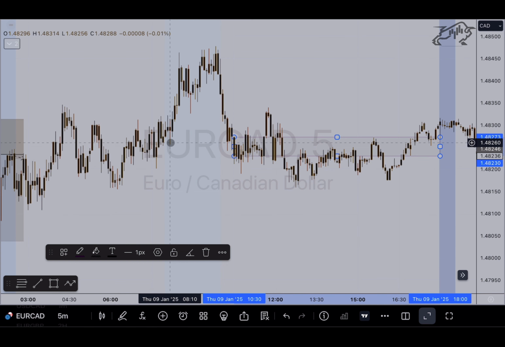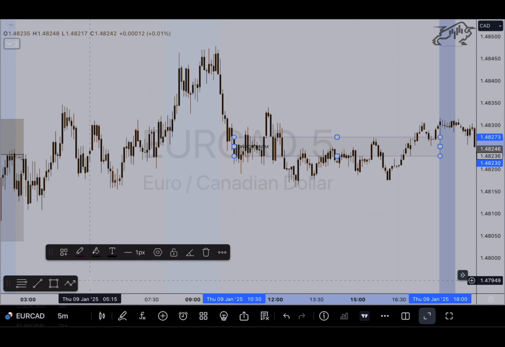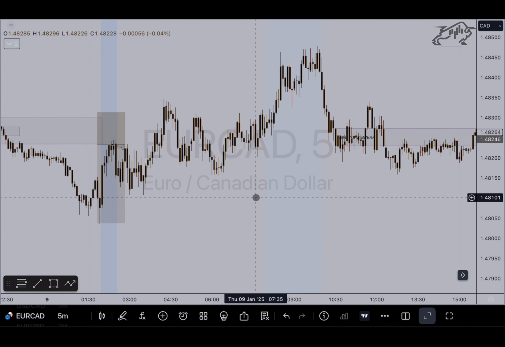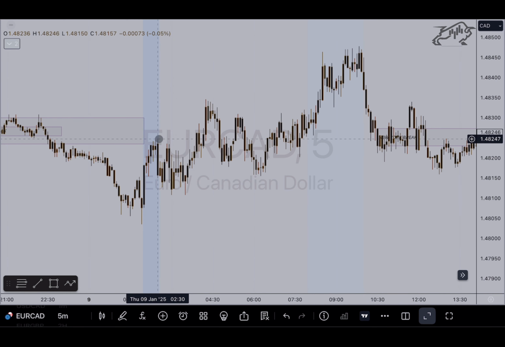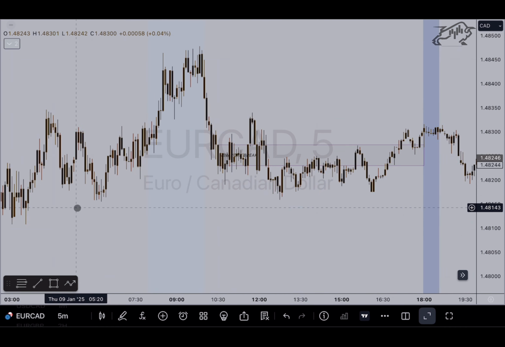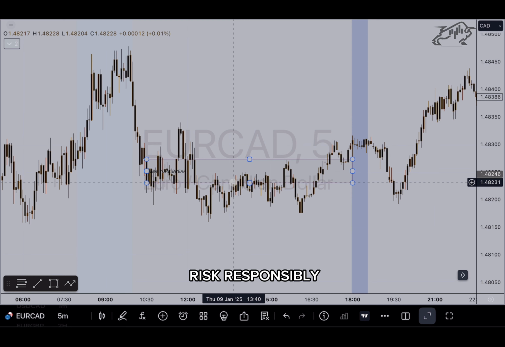This is the low in the New York initial balance, and this is going to be the New York break actually. Now we do have a London break that we did not use, we did not reference. You guys can do your homework on that one. I'm just showing you guys that there are many examples of this happening every day, every time.